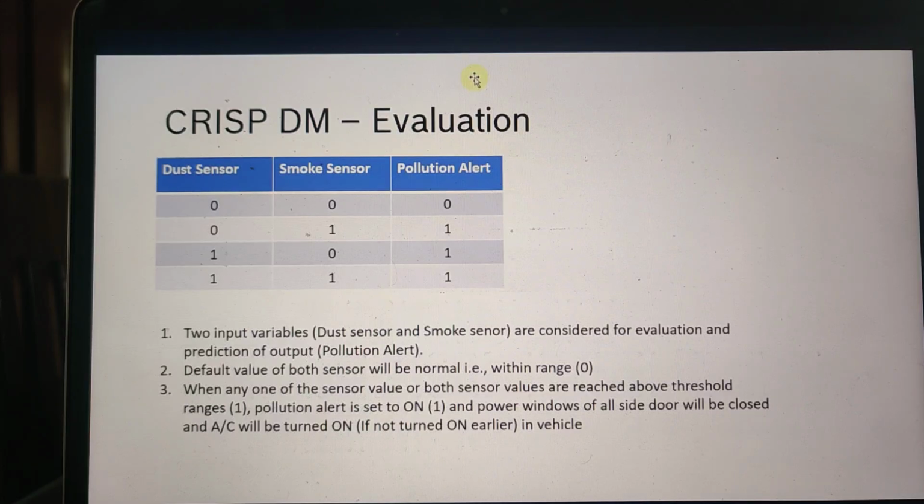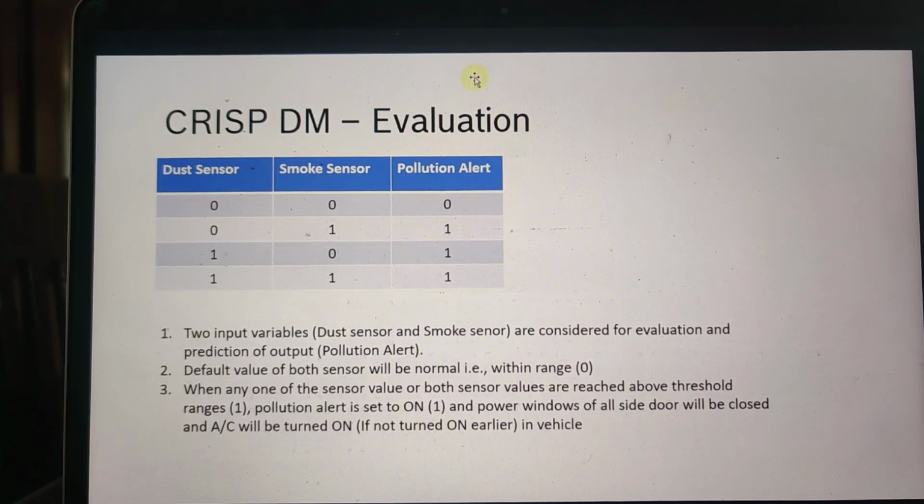When any one of the sensors gets 1, it means my environmental pollution factors reach a certain threshold in categories like dust or smoke. So my pollution alert will be on if either of the sensors, or both the sensors, get 1; my pollution alert will also be 1. This is the logic behind predicting the pollution alert.